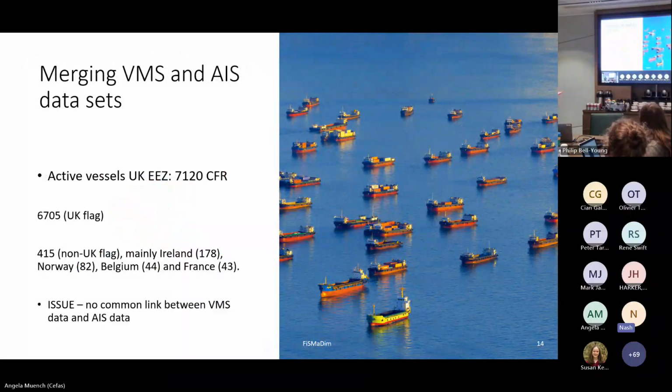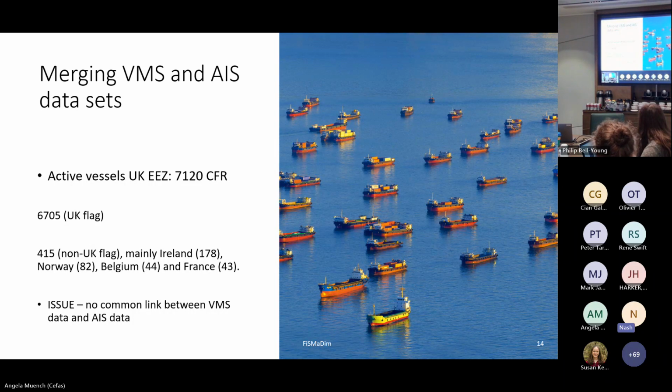So we said, okay, great. We have identified these two readily available data sets. We have VMS and we have AIS. Let's start incorporating that data. The Marine Management Organisation provided us a list of active fishing vessels from 2012 to 2021, which was the agreed temporal resolution of the project, if you want to say it like that.